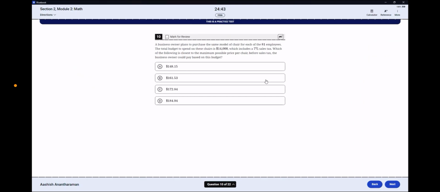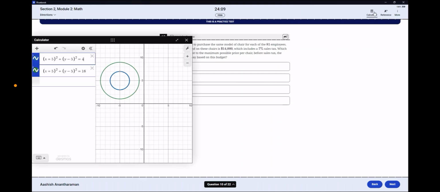Okay. Owner plans to purchase the same model of chair for each of the 81 employees. Total budget, $14,000, which also includes a 7% sales tax. The closest to the maximum possible price per chair before sales tax. So the 14,000 includes the 7% sales tax.